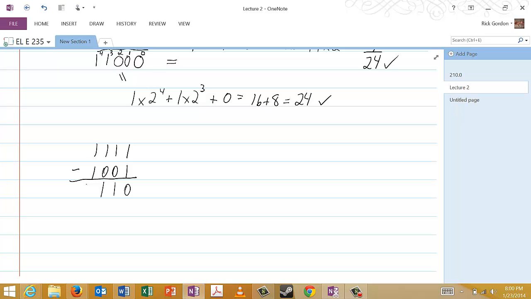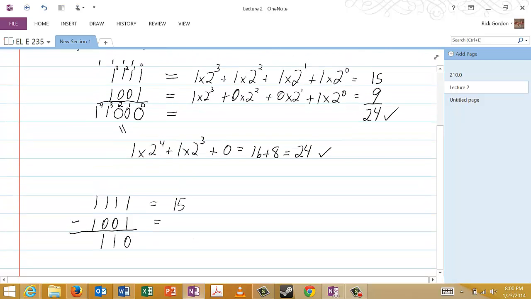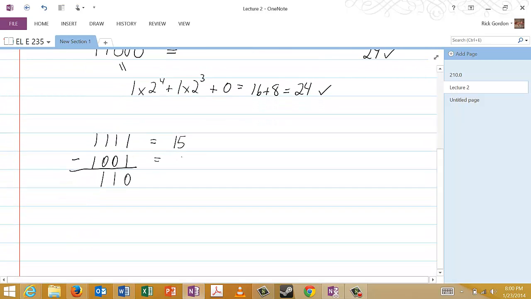And once again, we can check our work. We learned above that the first number is 15, and the second number is equal to 9. And so when we convert these to decimal first and subtract, we would get 6.